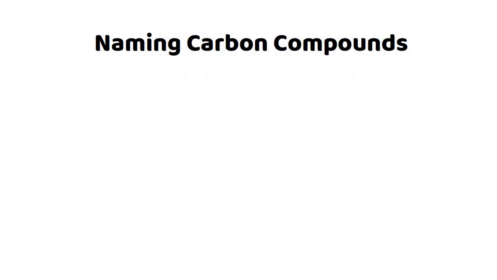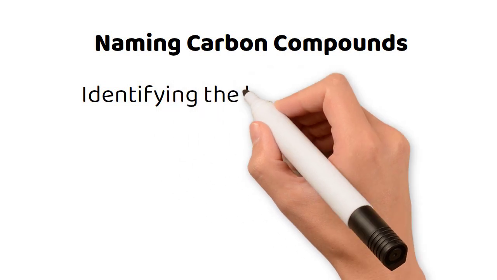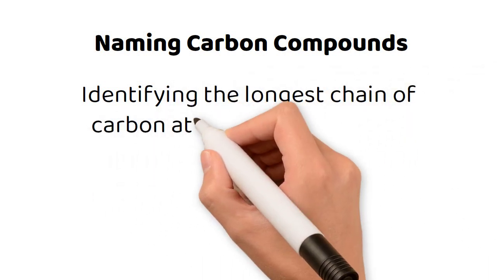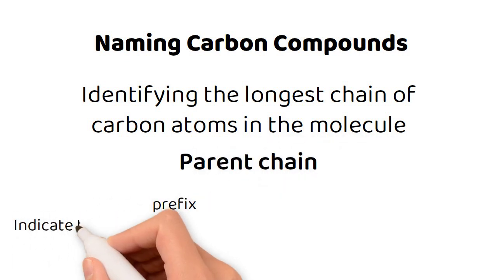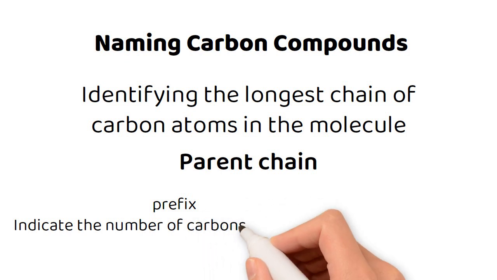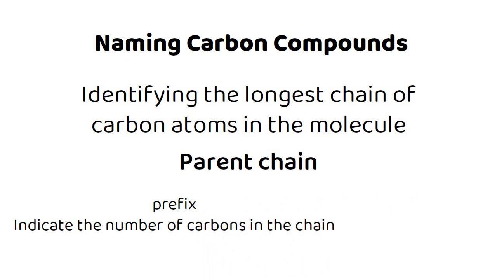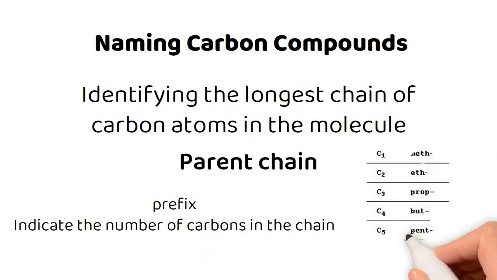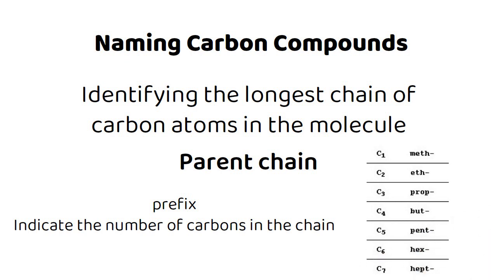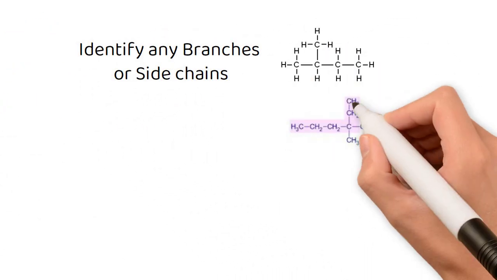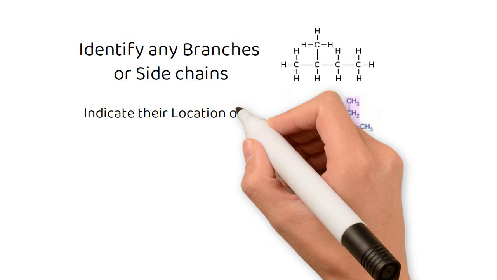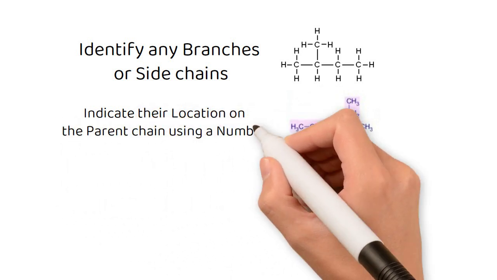Naming carbon compounds. To name carbon compounds, start by identifying the longest chain of carbon atoms in the molecule, which is called the parent chain. Then assign a prefix to indicate the number of carbons in the chain, METH or ETH or PROP or BUT, etc. Next, identify any branches or side chains and indicate their location on the parent chain using a number.